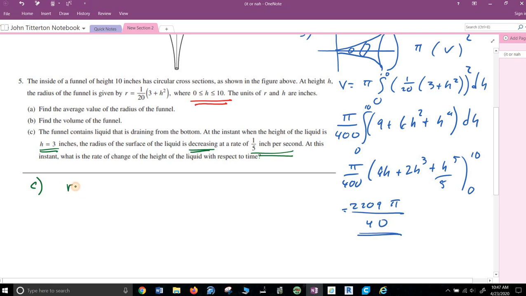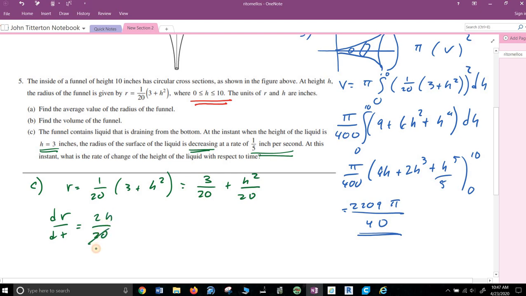Okay, well, I've got r equals 1 over 20 times 3 plus h squared, which I'm going to distribute out because otherwise I confuse students. And I just say I want to take dr dt, which is 0 for the 3 over 20, and then it's 2h over 20 times dh dt, chain rule when you do it with respect to t. Well, we want to find out the change of height, so we want to find dh dt. dr dt is negative, decreasing 1/5.